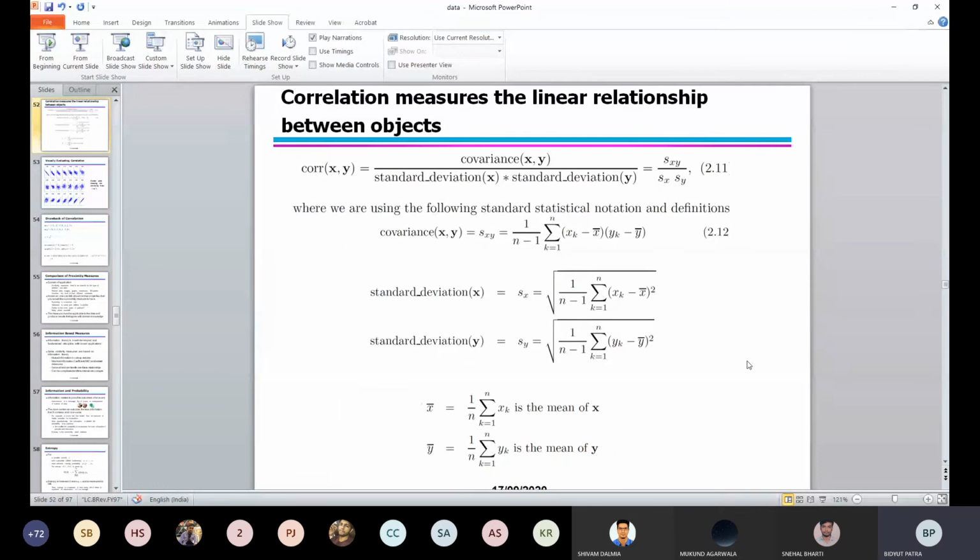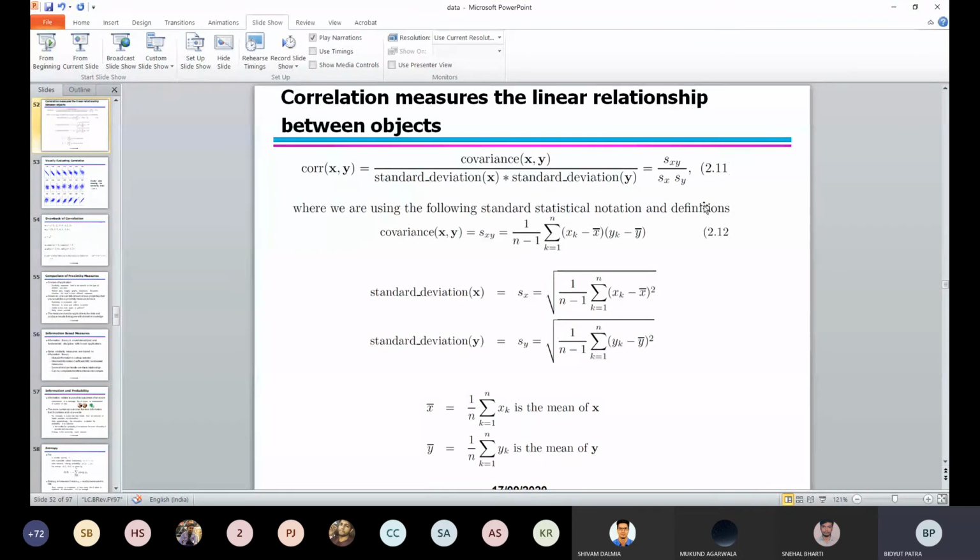Here I missed one thing, something called correlation. Correlation is another measure. Once you compute the covariance between two variables or two features, you divide the covariance by the multiplication of the standard deviations of these two features or variables, and that will give you the correlation.